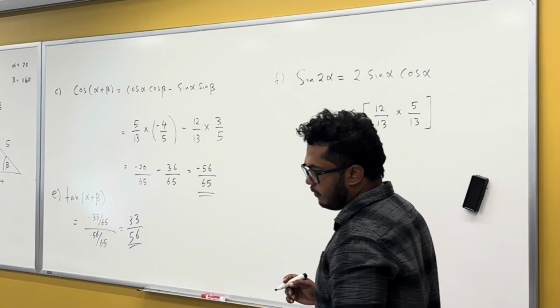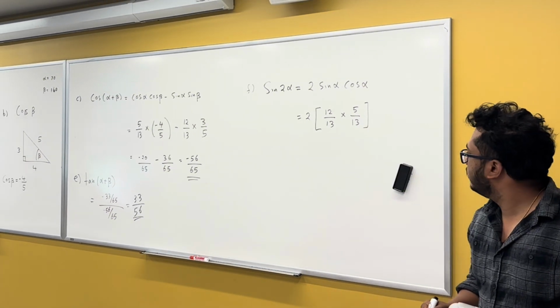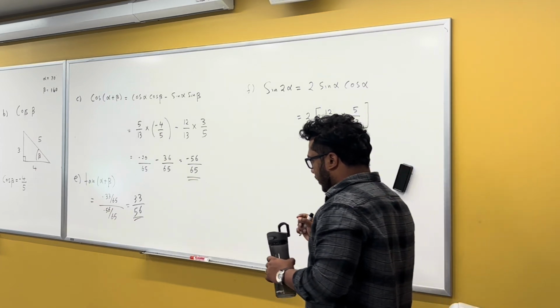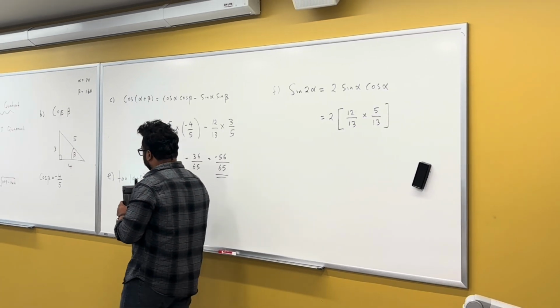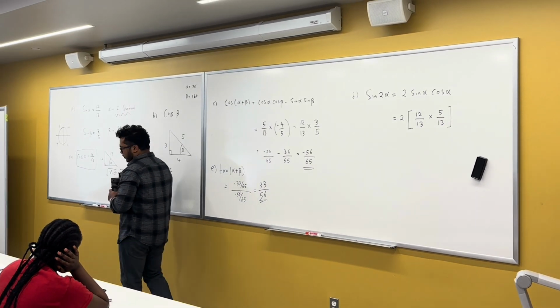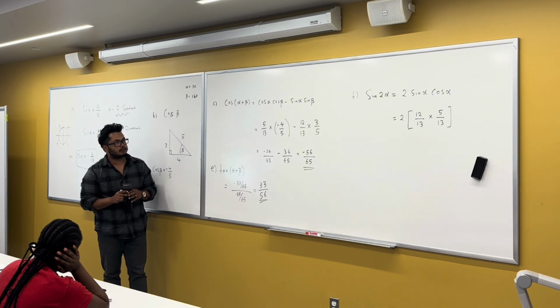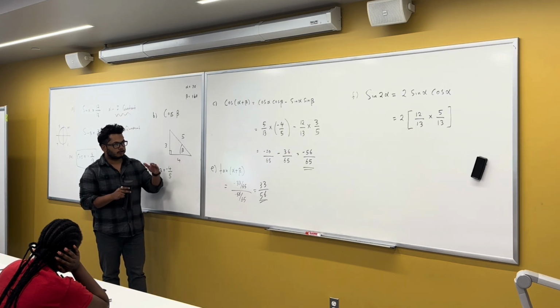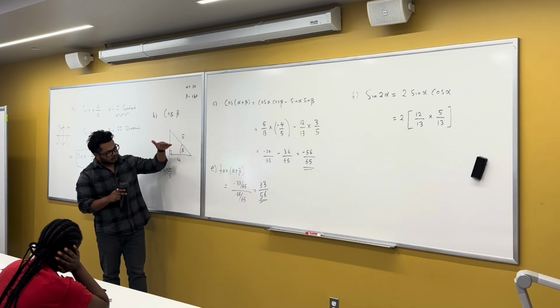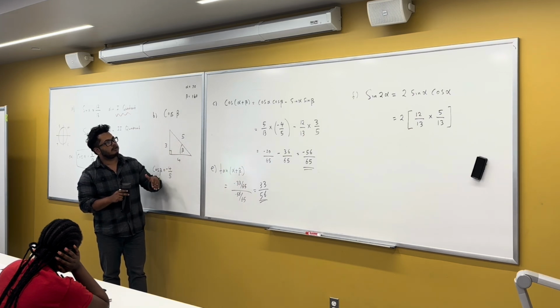I'll give you a little time. Okay. You must know the sum formula, difference formula, and double angle formula. So that's the last question on the test. Okay. You may not need all the parts because I might not give you a lot of parts.